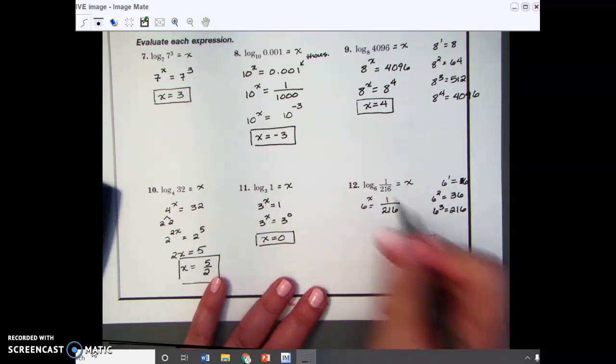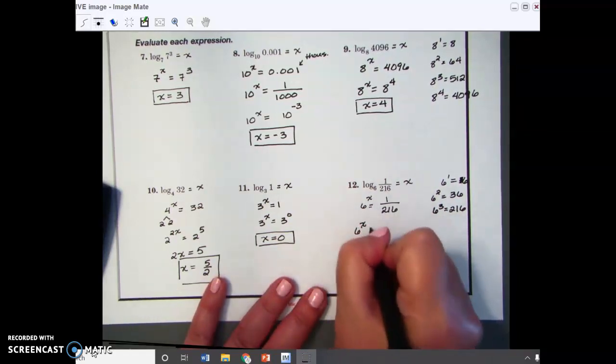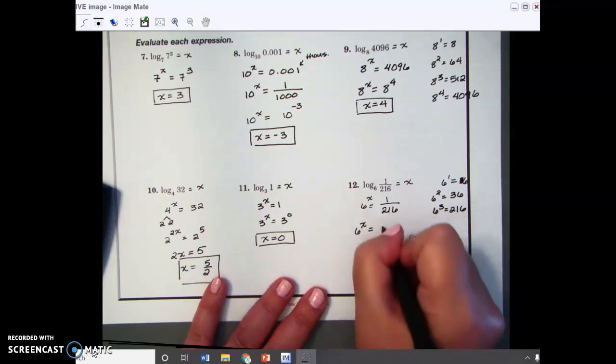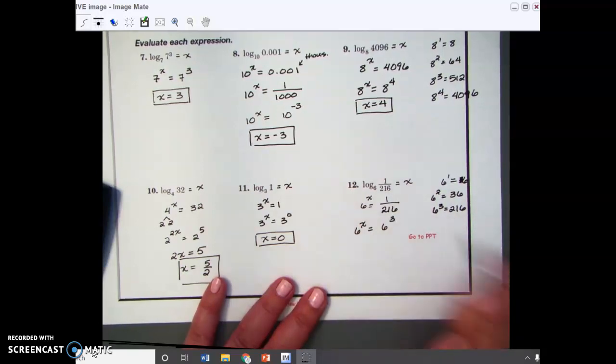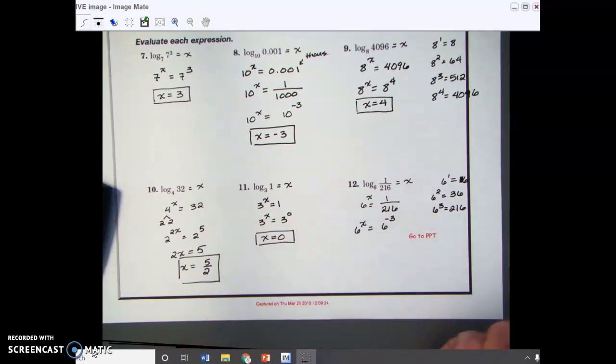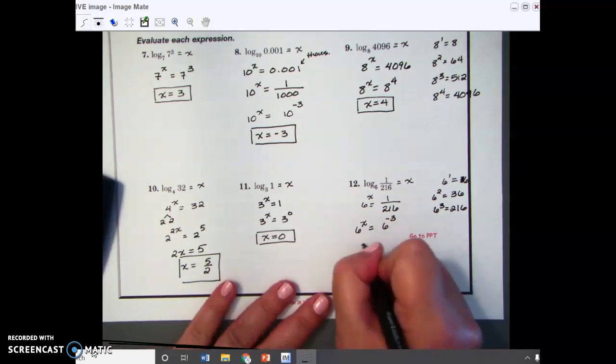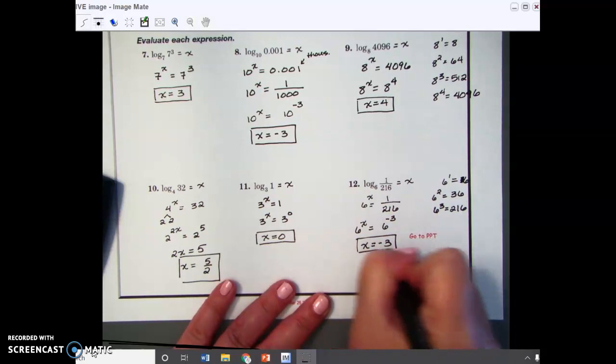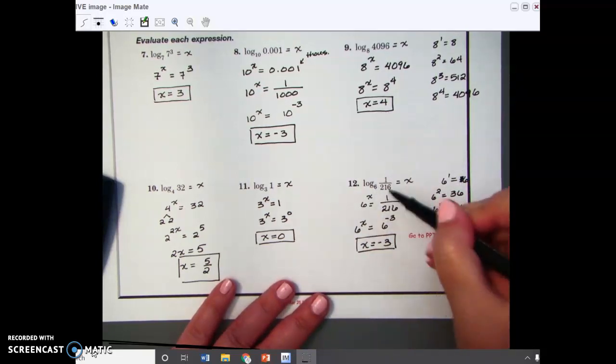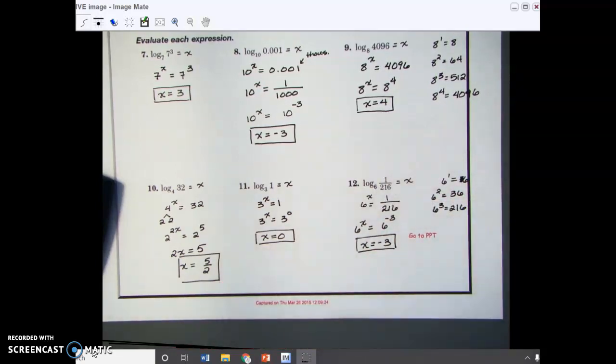And so I notice that this is 6 to the x power, and 216 is 6 to the third. And to put it in the denominator, I would take the negative of it. So 6 to the negative third says put it in the bottom and cube it. And so now I can say that x is equal to negative 3. So that tells me that 6 to the negative 3 power is equal to 1 over 216.